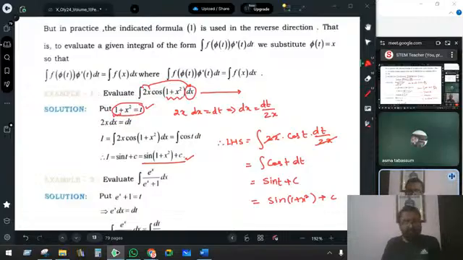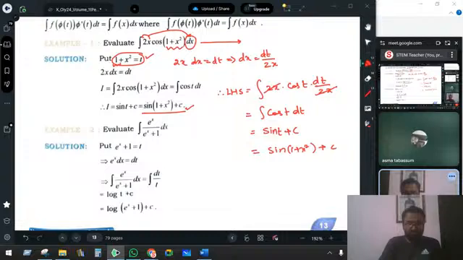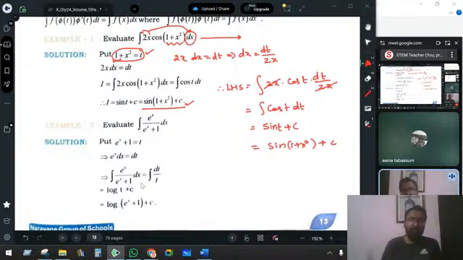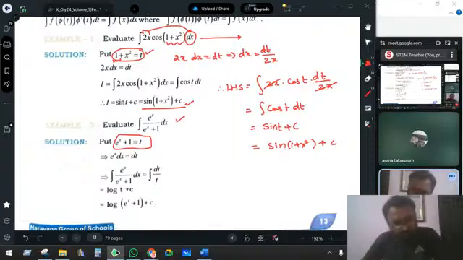So it is by substitution, letting some term equal t, or u. Now, the integration of e power x by (e power x plus 1) dx. He took e power x plus 1 equals t. How did he choose it? After a lot of practice, you will get this kind of idea.